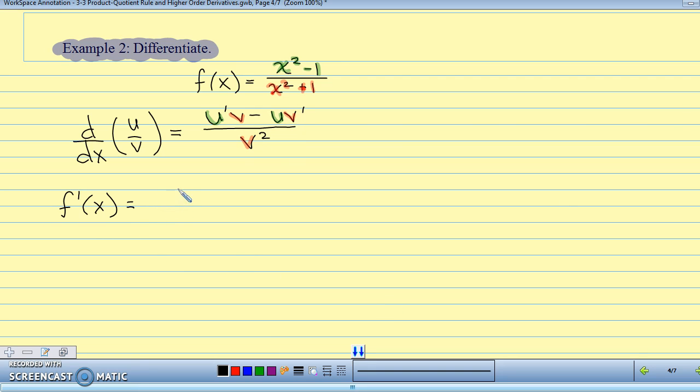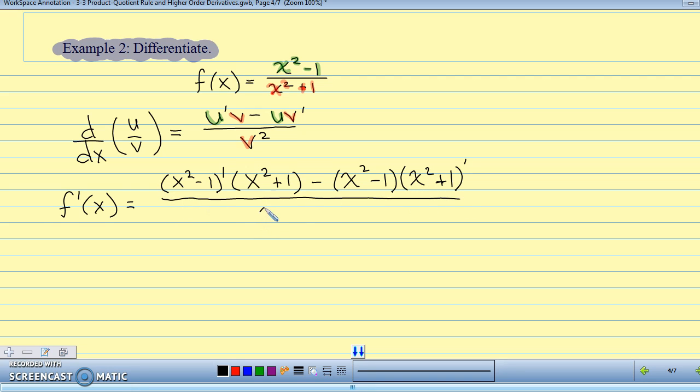So what we have is x squared minus 1 prime times x squared plus 1 minus x squared minus 1 times x squared plus 1 prime, all of it over x squared plus 1 squared.